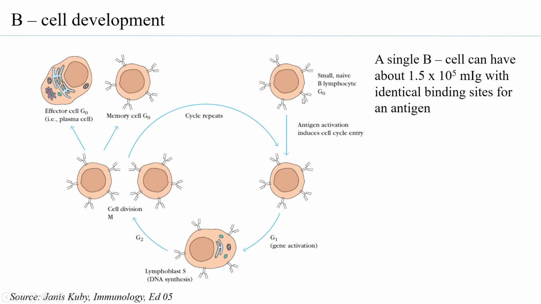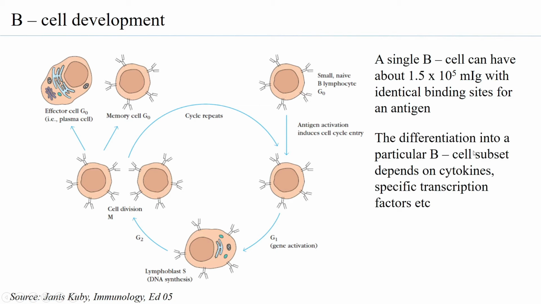This B cell will be able to bind only and only to a specific antigen. The differentiation into a particular B cell subset, of course, will depend on cytokines, specific transcription factors, etc. So it is a lot dependent on internal signaling as well as external stimulus. The surface markers of these subsets can have variations, and you can demarcate one B cell subset from the other depending on the range of different surface proteins that are present.